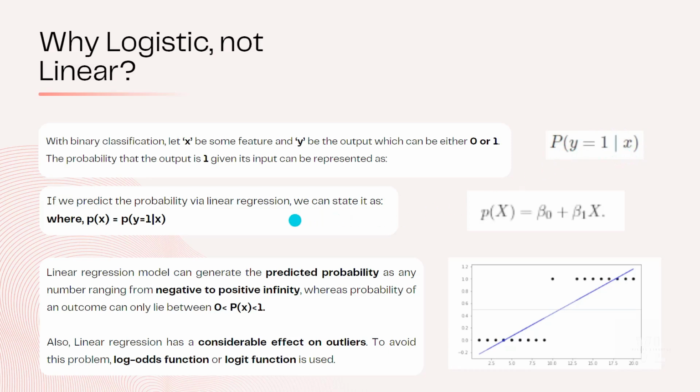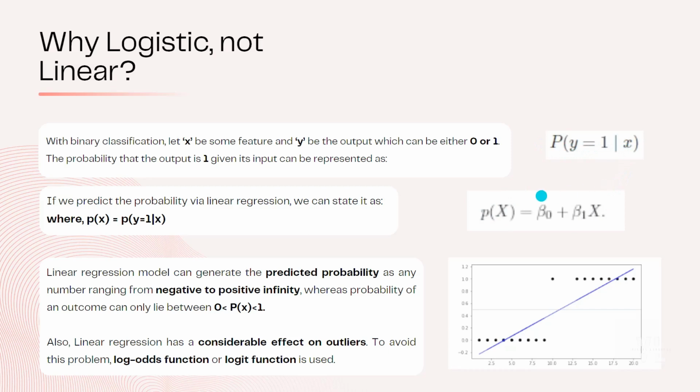If we predict the probability via linear regression, we can state it as p of x is equal to p of y equal to 1 given x. Let's consider these two representations the same. Then by using this formula, we can write p of x is equal to beta naught plus beta 1 x. So this representation is just replacing the probability of y equal to 1 given x.